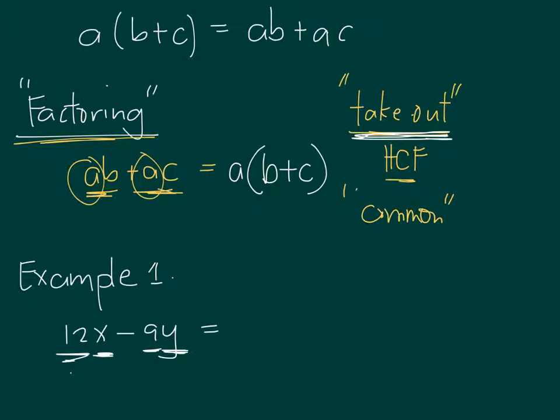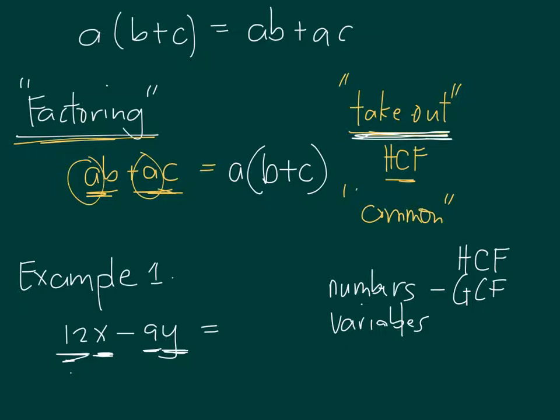So again, to make it more systematic for you to factor, you focus first on the numbers, and then you focus on the variables. For the numbers, you have to take out the GCF, the greatest common factor, or the highest common factor. And for the variables, you have to take out what is the same or common.